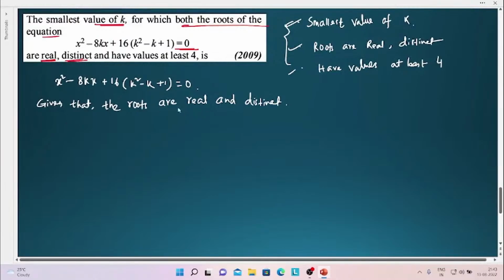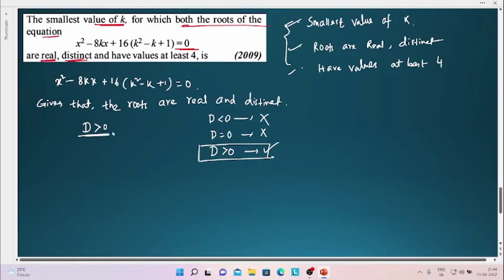So if roots are real and distinct, then definitely D should be strictly greater than 0, because if D is less than 0, then roots are imaginary, so we don't need to take that case. If D is equal to 0, then roots are real but they are equal, so we should not take this particular thing. If D is greater than 0, then roots are real and distinct, so we have to take the third one, which is D greater than 0, right?